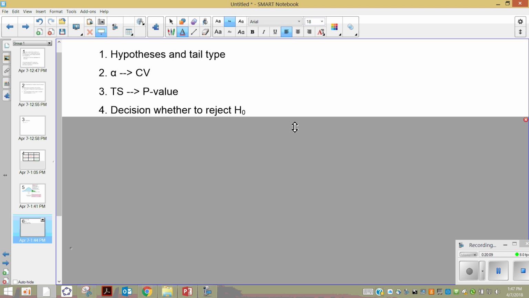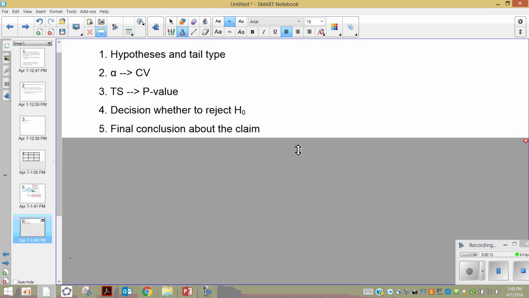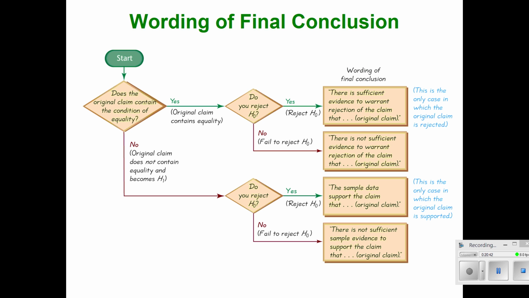Then, based on whether or not you reject the null hypothesis, you will then be able to turn that into a conclusion about your claim. And your claim is sometimes contained in the null hypothesis, and sometimes it's contained in the alternative hypothesis, which brings us to a flow chart of how to word the final conclusion.